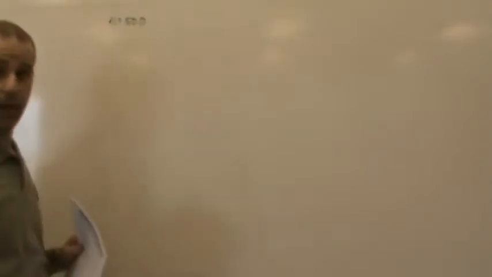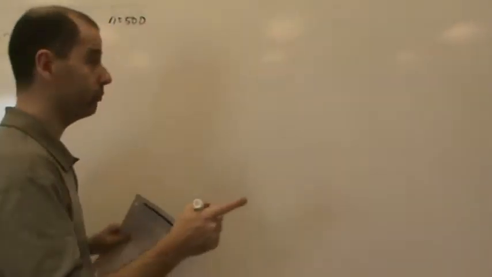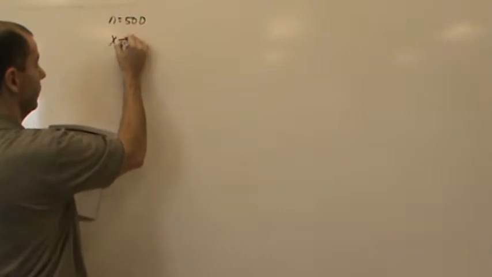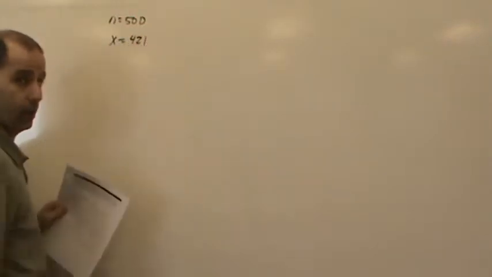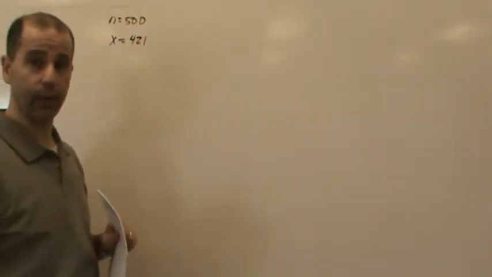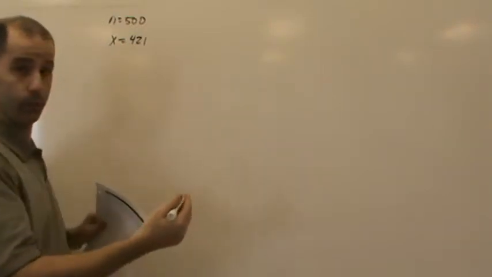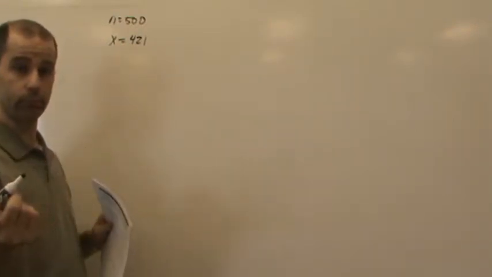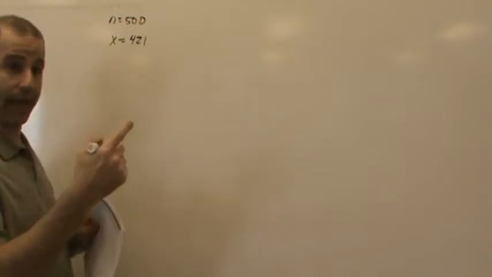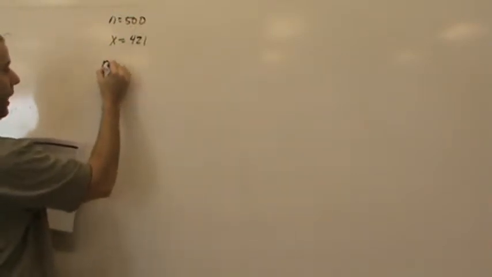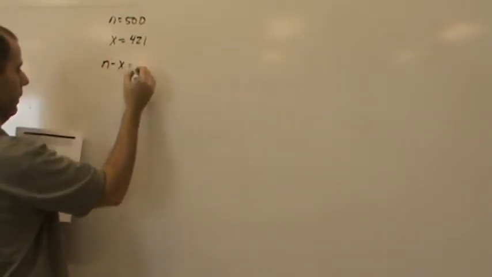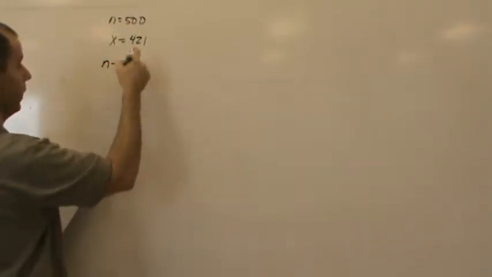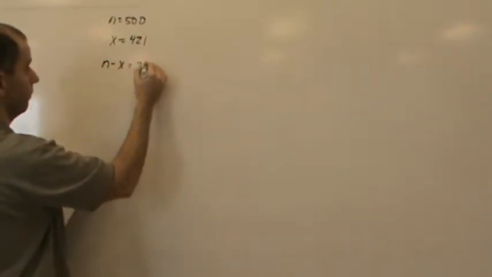Well, what's that? That is going to be our X value, right? So X is 421. Well, if that's our X value, then what's our number of failures? It's going to be N minus X, right? So N minus X is equal to what? Well, it's going to be 79, right? And both of these add up to 500.